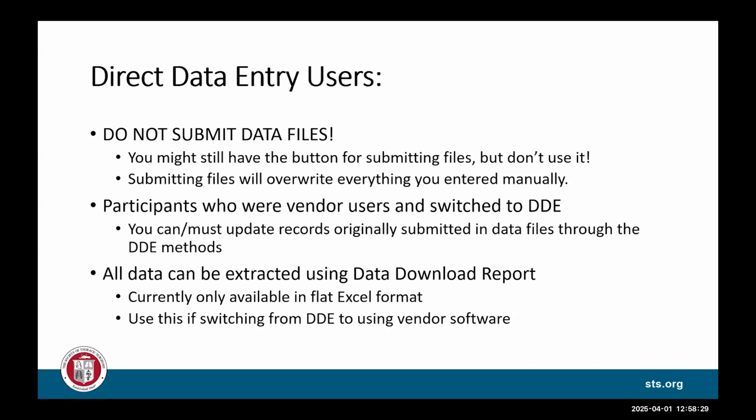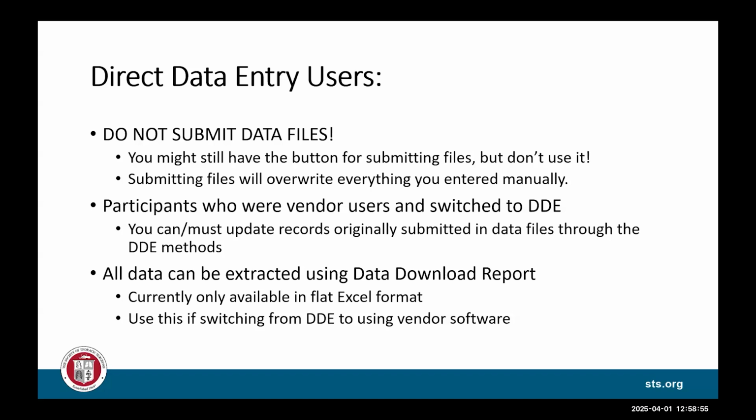For people who were using a vendor and submitted data that way and then switched to direct data entry, you can go back to your old records that were originally submitted from your vendor software and make your updates through the direct data entry platform. Because essentially, you're currently a direct data entry user, so you can do all your edits directly in the system.